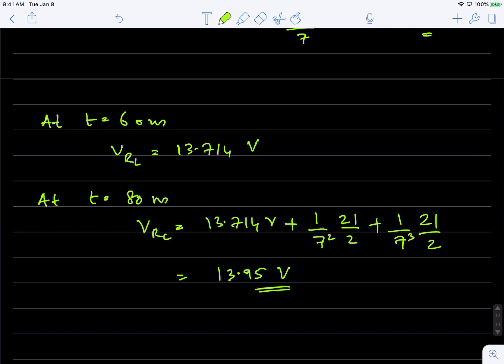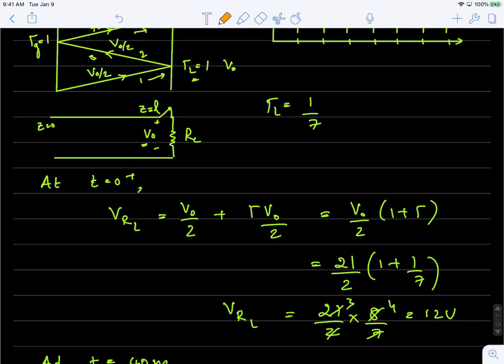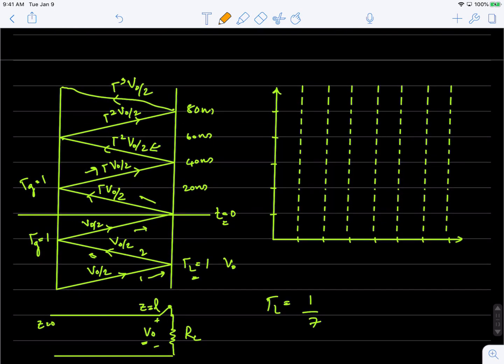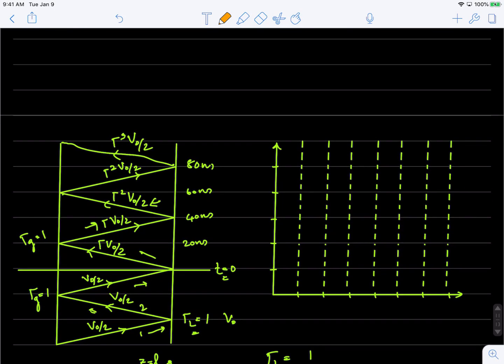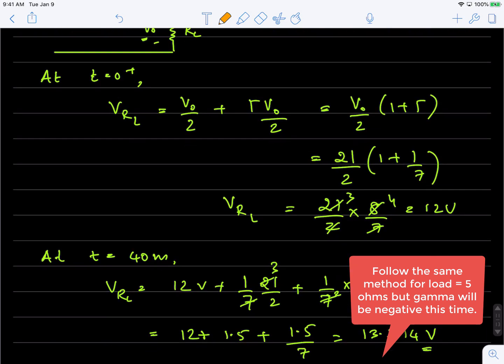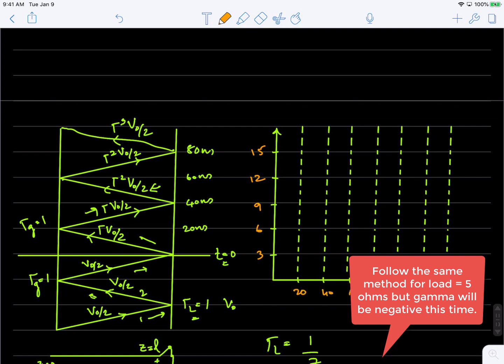Now let's go ahead and plot these values. Okay, now we said at t is equal to 0, we are going to have a voltage of 12 volts. Okay, let's call this 3, 6, 9, 12, 15. So at t is equal to 0, we're going to have 12 volts, and up until 40 nanoseconds, it's going to remain the same way. So if this is 20, 40, 60, 80, 100, 120, okay?